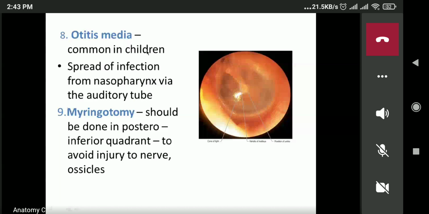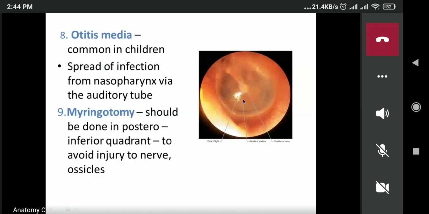Now, what is myringotomy? This is how the tympanic membrane is visualized with the otoscope speculum. So whenever you have to give an incision in the tympanic membrane, that procedure is known as myringotomy. Whenever you do that procedure, it should be done in the posterior inferior quadrant.